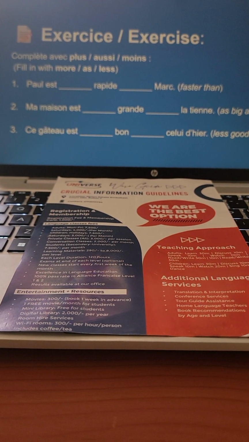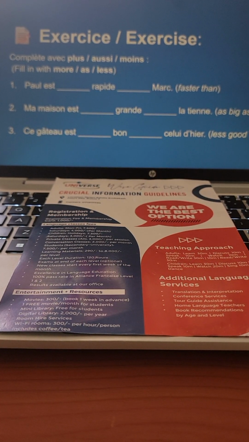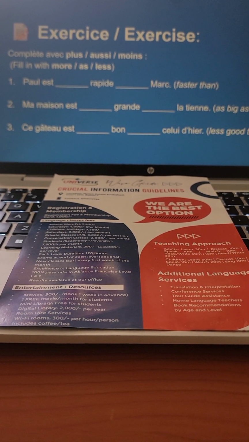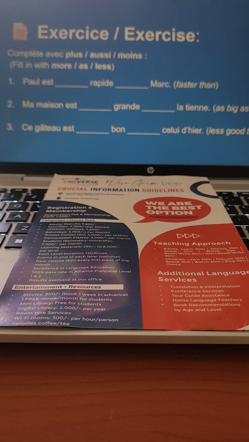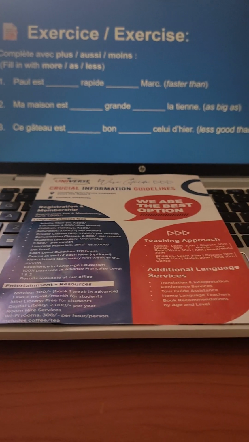Complete or fill in with more, as, or less. Paul est rapide, Mac, faster than. So say faster than. Giving you a few seconds to think about it. It will be Paul est plus rapide que Mac. Ma maison est dash grande dash la tienne, as big as.